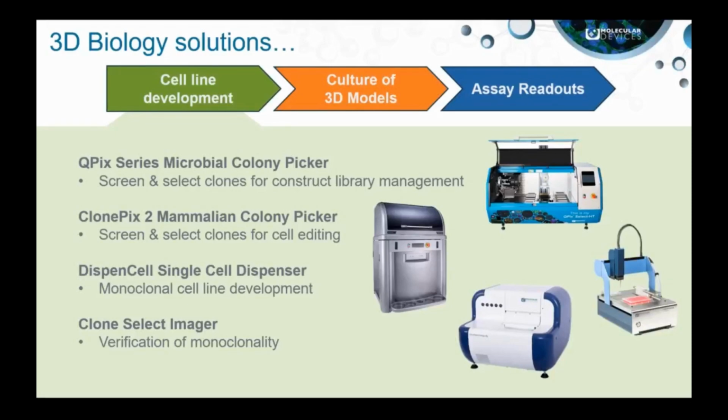This can be the dispensing of single cells into wells using the DispenCell single cell dispenser, or imaging and monitoring to verify clonal populations using the CloneSelect Imager. This process can be critical in a regulated environment, especially when you need to confirm that genetically modified cells are all growing from a clonal source.